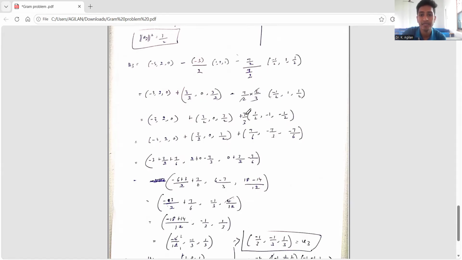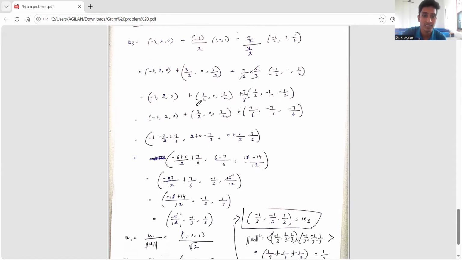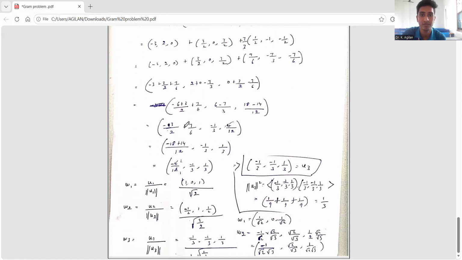So again multiply this term into each term: 7 by 6, minus 7 by 3, minus 7 by 6, right? This term as it is, we kept that. So minus 3 plus 3 by 2.